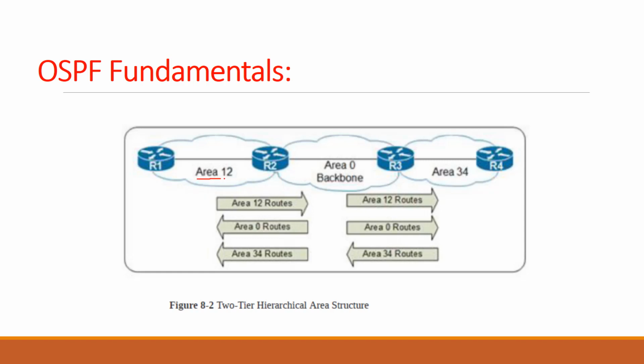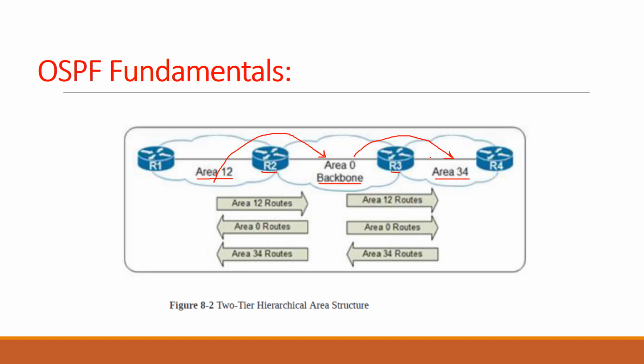As shown here, the two-tier hierarchical area structure of OSPF. We have here Area 12, which is a non-backbone area connected through R2 to the backbone area, Area 0, and Area 0 is connected to Area 34 through R3, which is a non-backbone area. So Area 12 routes will go to the backbone area, and the backbone area will send these routes to the other non-backbone area.